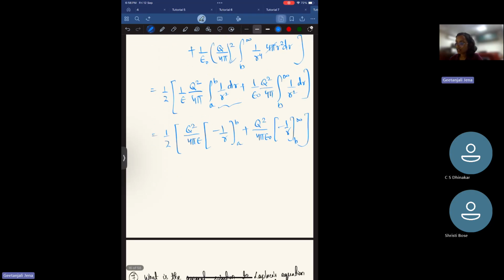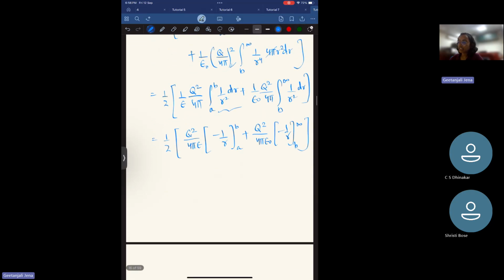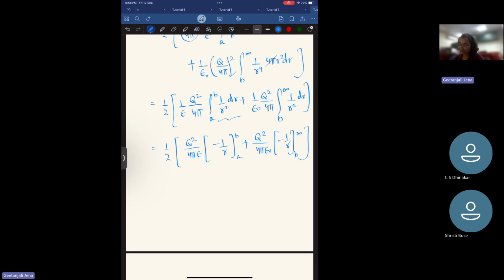I think Srishti was talking about that only, why it was not b to infinity instead of 0 to infinity. Yes, for the second, it should be from b to infinity. So we get Q square by 4 pi epsilon, 1 by a minus 1 by b, plus Q square by 4 pi epsilon naught b.